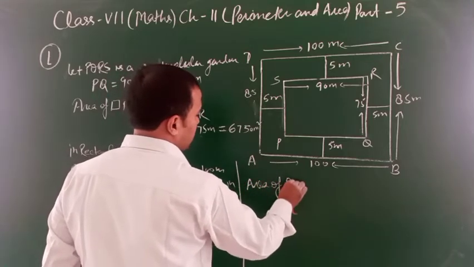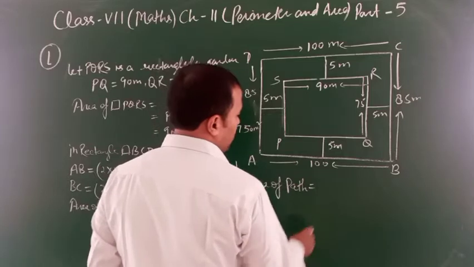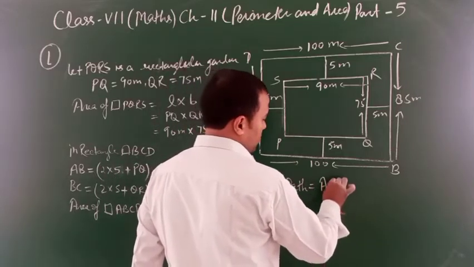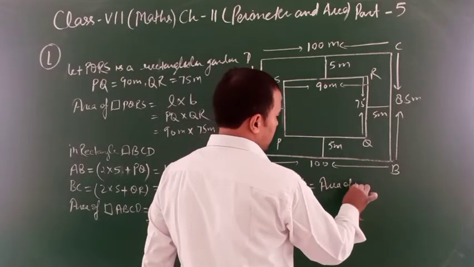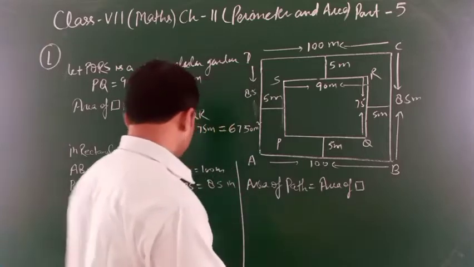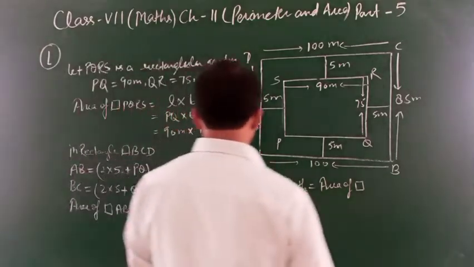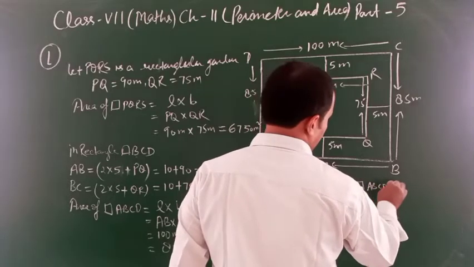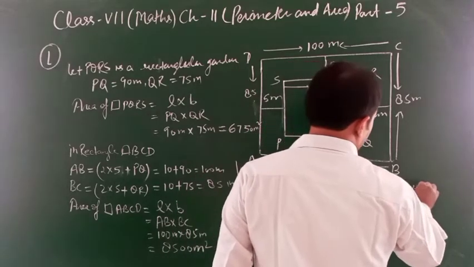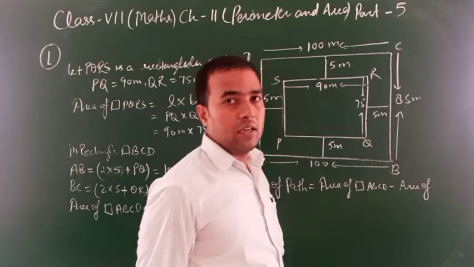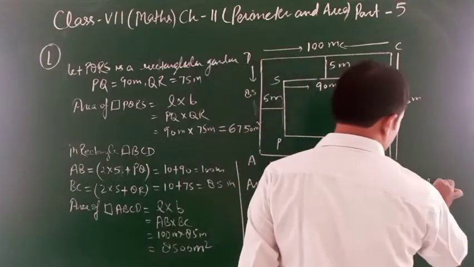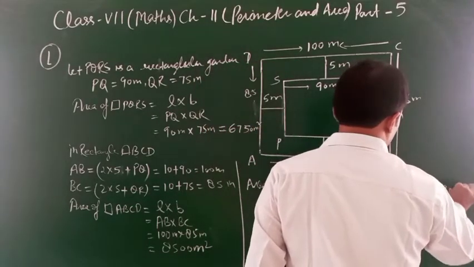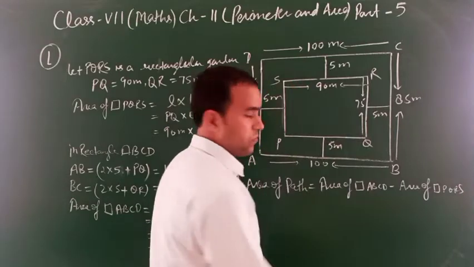Then area of path equal to area of rectangle ABCD minus area of rectangle PQRS. Clear?